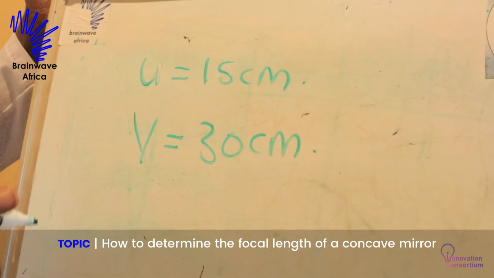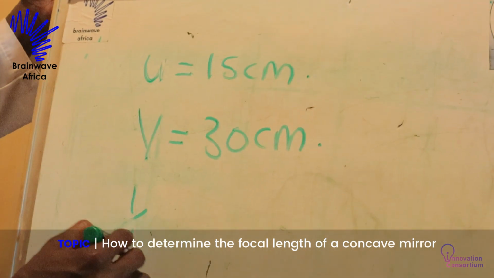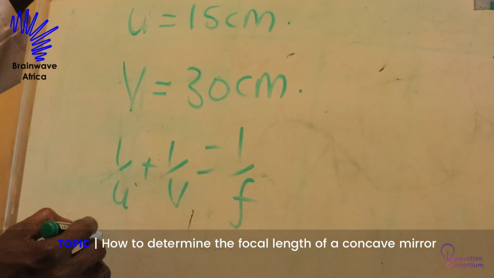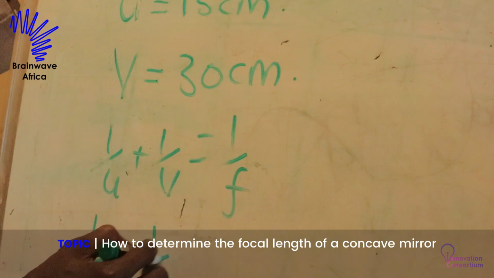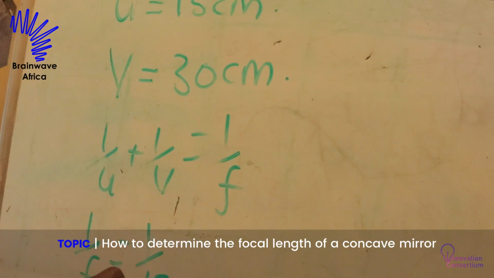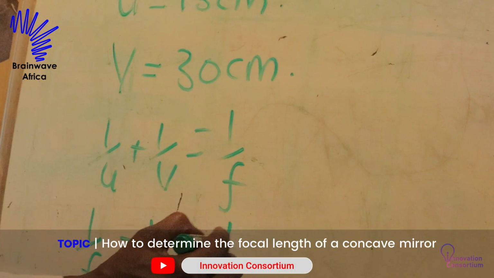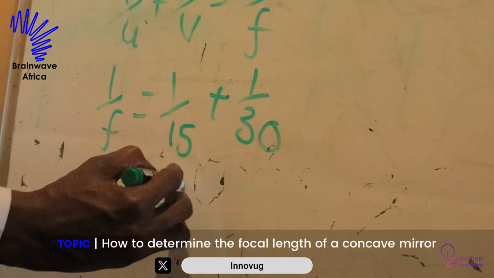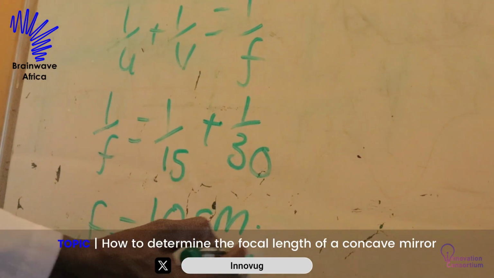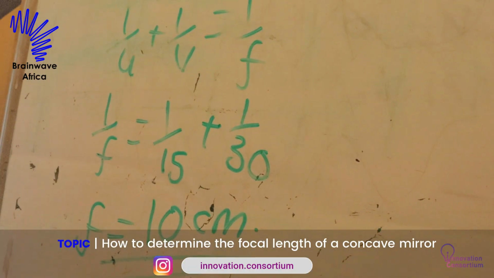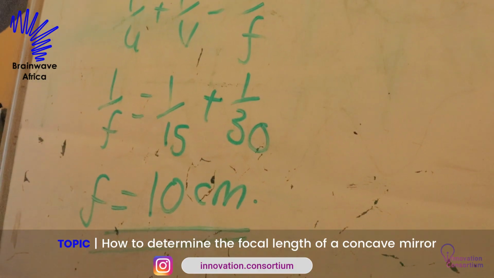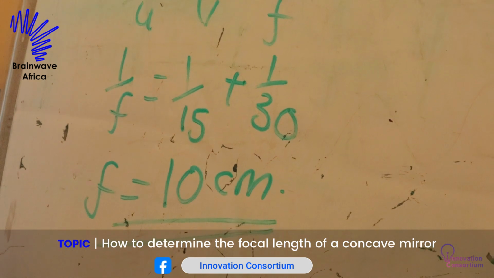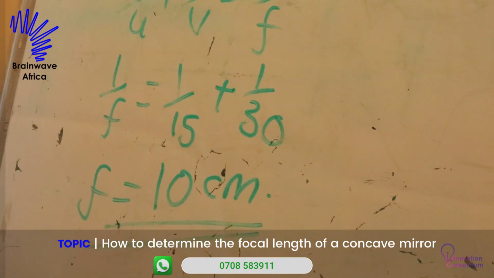So using the mirror equation, 1 over U plus 1 over V is equal to 1 over F, we have 1 over F is 1 over 15 plus 1 over 30. So we get our focal length as 10 centimeters when we solve that equation. Therefore, the focal length of the concave mirror that we used is 10 centimeters.